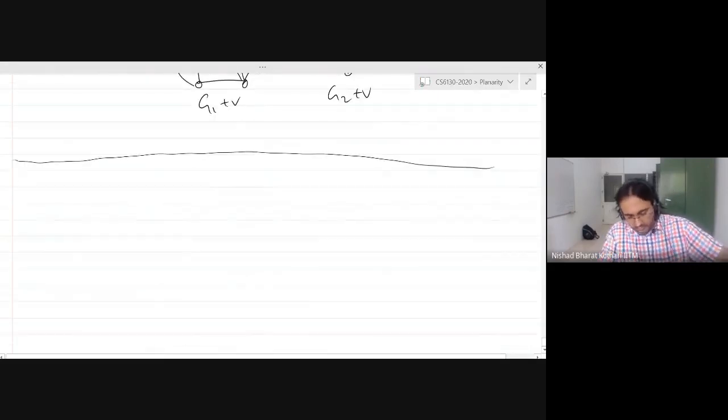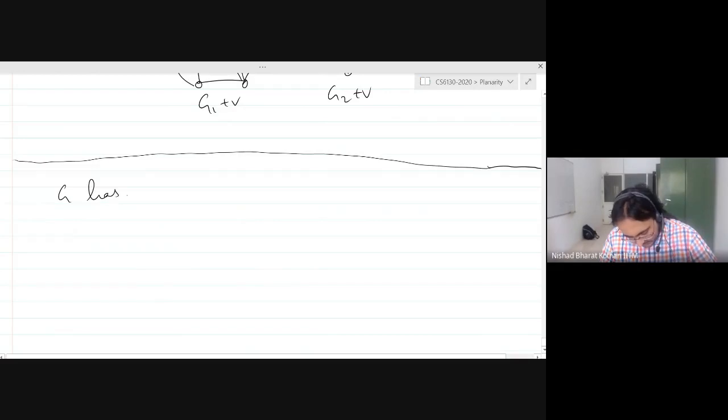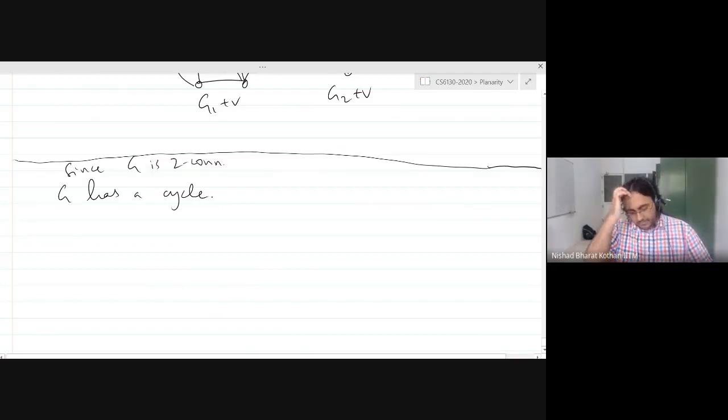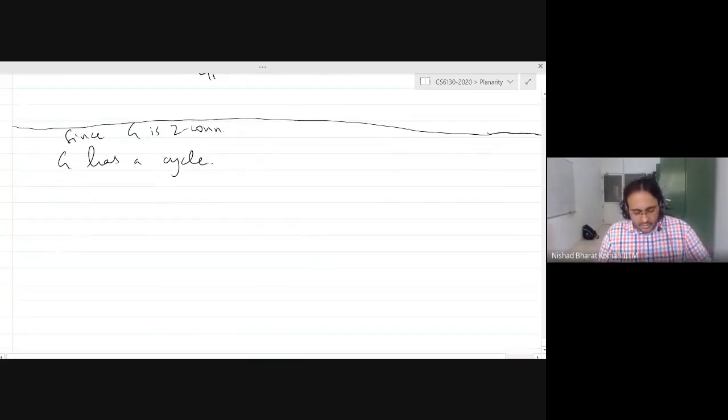So since our graphs are two connected, there is always going to be a cycle in the graph. G has a cycle. Okay. So let's take any cycle of the graph. Let C be any cycle.